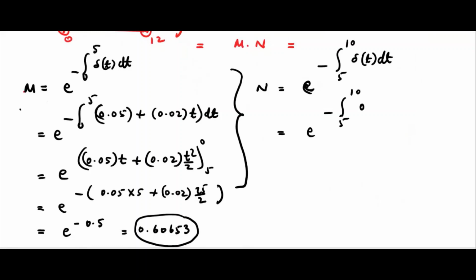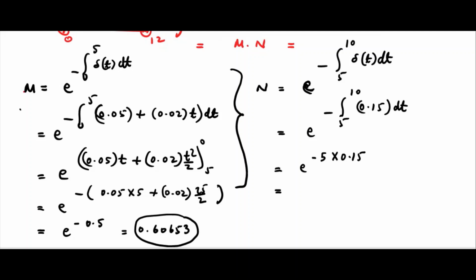This is delta, 0.15 dt. You don't need to write the integration sign. Directly we can apply the formula. That will be minus 5 into 0.15, e power n delta.